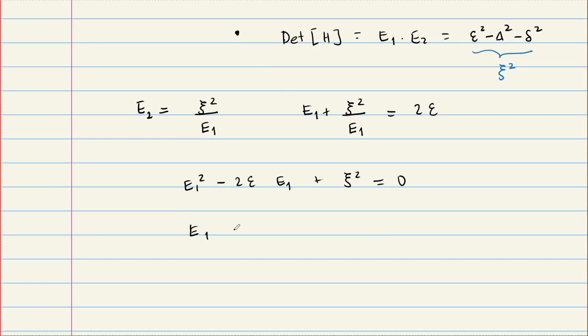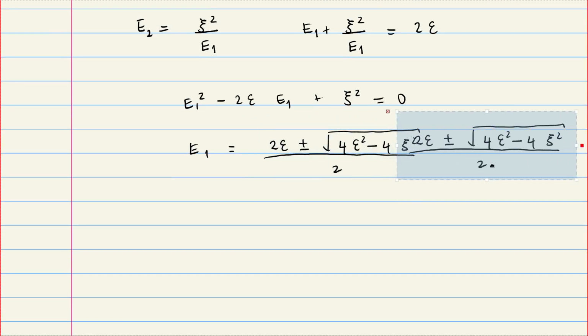E1 is going to be equal to minus b, which is 2 epsilon, plus or minus the square root of 4 epsilon squared minus 4 psi squared, and the whole thing divided by 2.